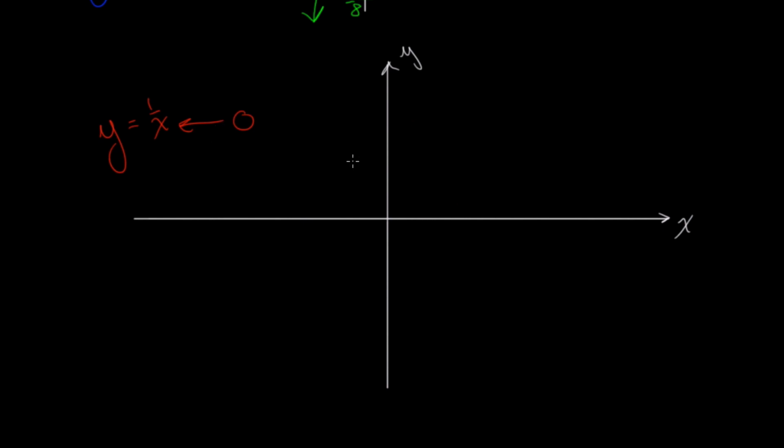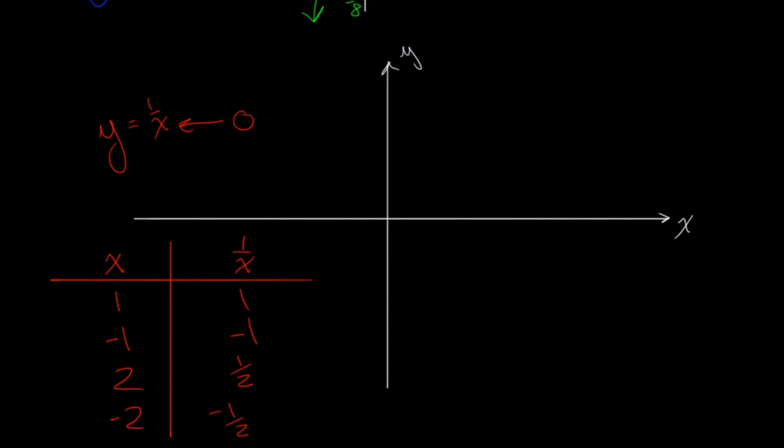When we do a little table, we have our input x and our output 1 over x. If we put in 0, that's not defined. When we put in 1, we get 1 over 1, which is 1. When we put in negative 1, we get 1 over negative 1, which is negative 1. When we put in 2, we get 1 half. When we put in negative 2, we get negative 1 half, and so on.